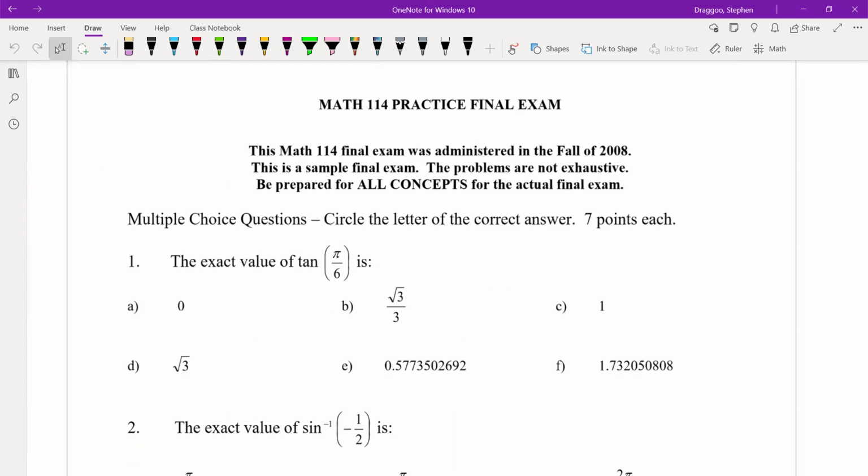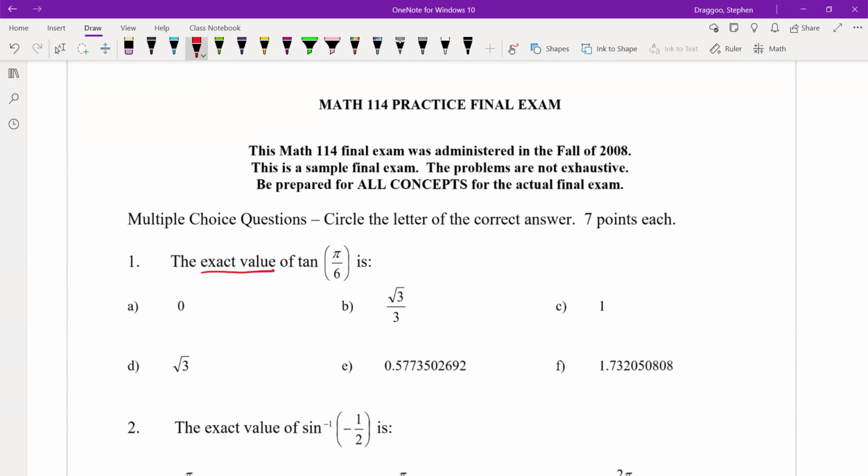Okay, so the exact value of the tangent of pi over 6 is one of the following. And we might as well use this moment to remind ourselves what exact value means. Remember that an exact value is one that expresses irrational numbers in their irrational form.